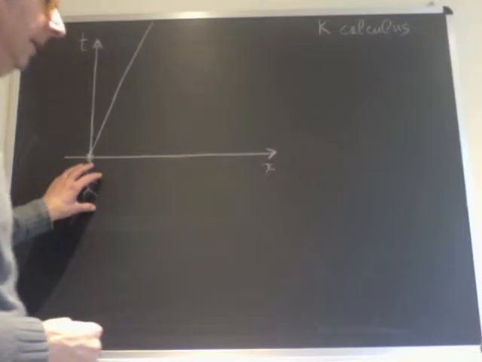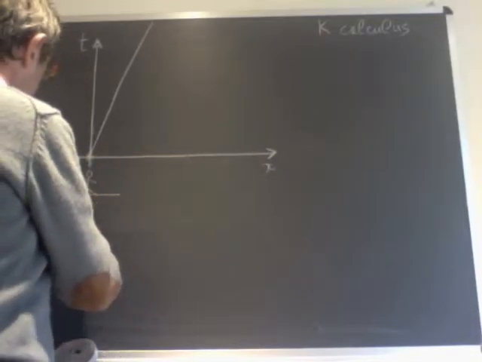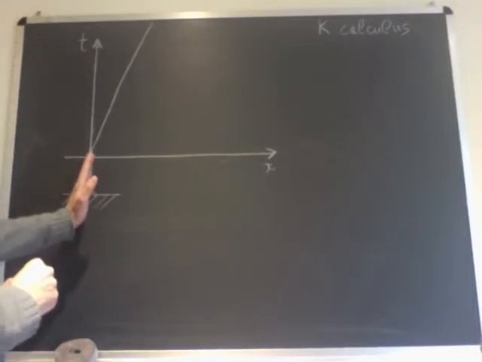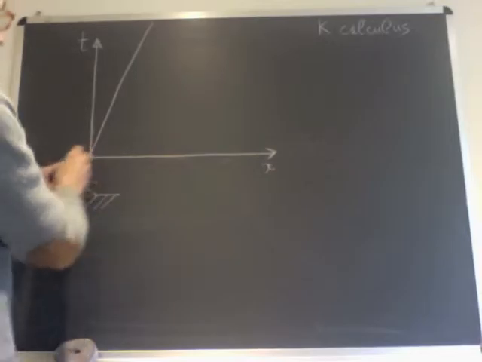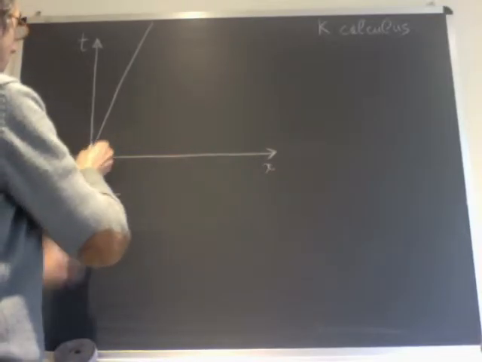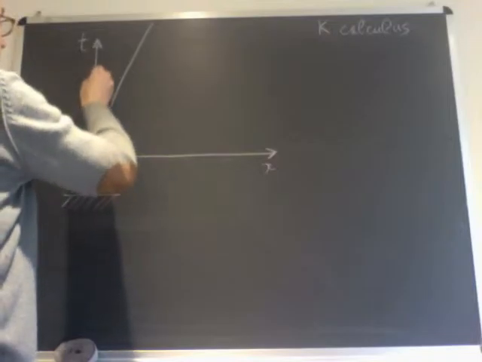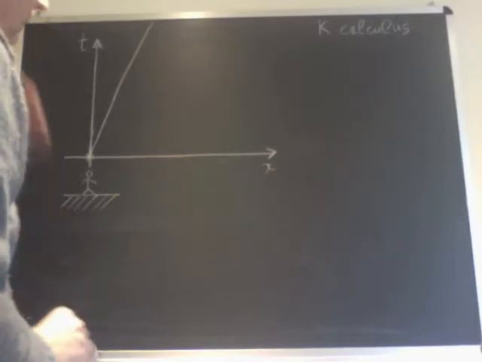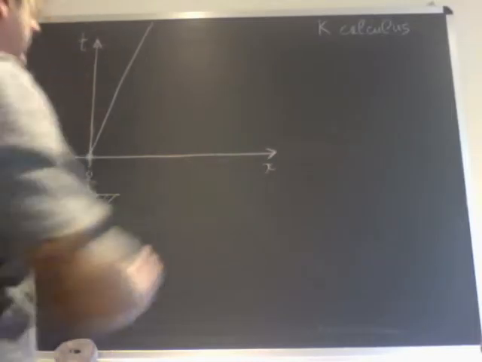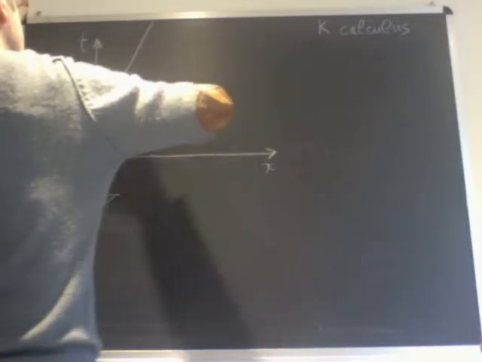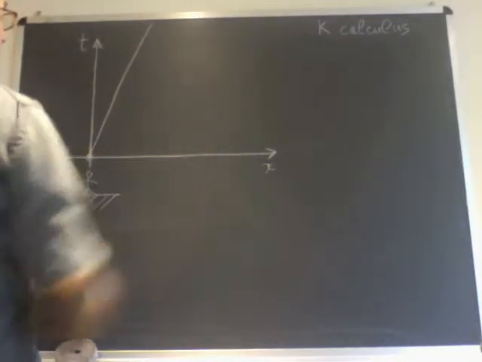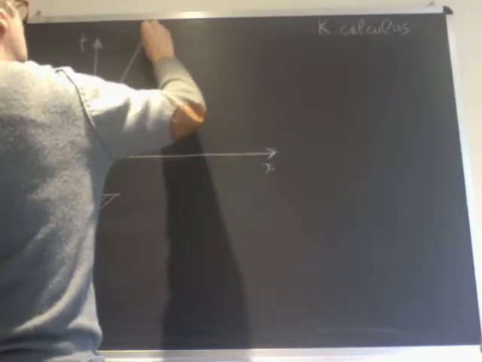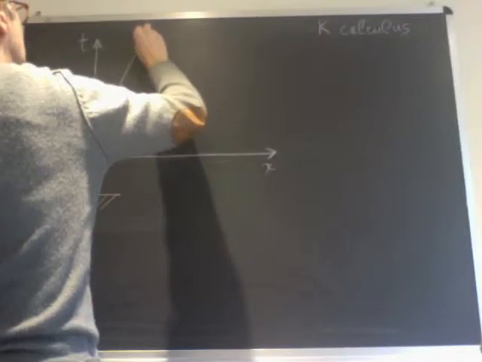Because if he is at rest on the surface of the Earth, he is not moving in the x direction, but the time is passing, and so he moves along this line here. What about the rocket? Obviously, this is the straight line corresponding to velocity v. This is exactly the line of the moving rocket.